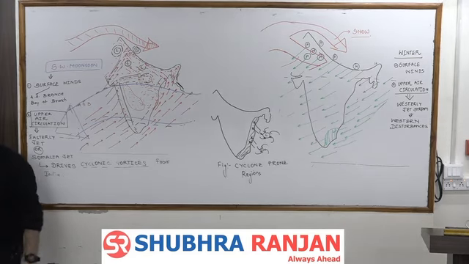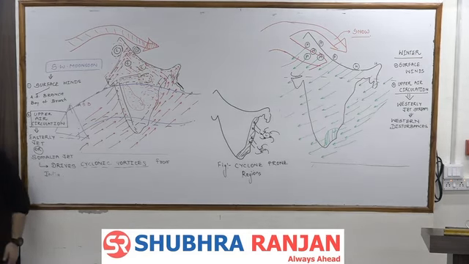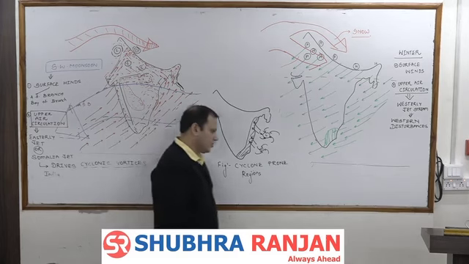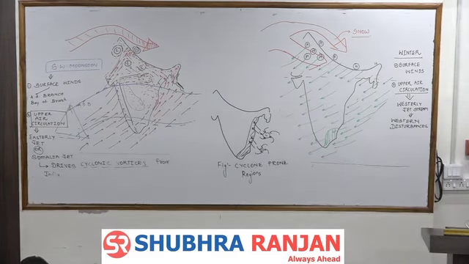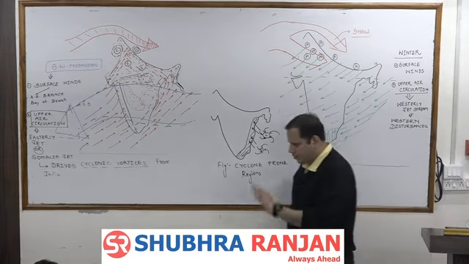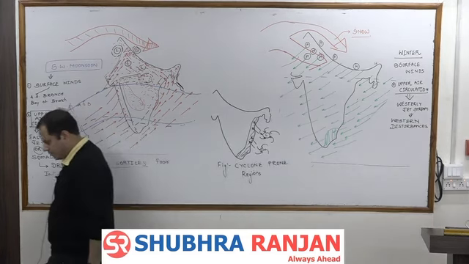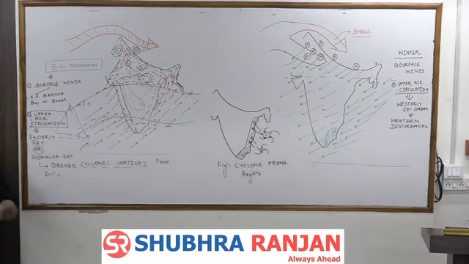The surface winds during the winter season are in the form of northeast monsoon winds, which originate due to high pressure over Asia.